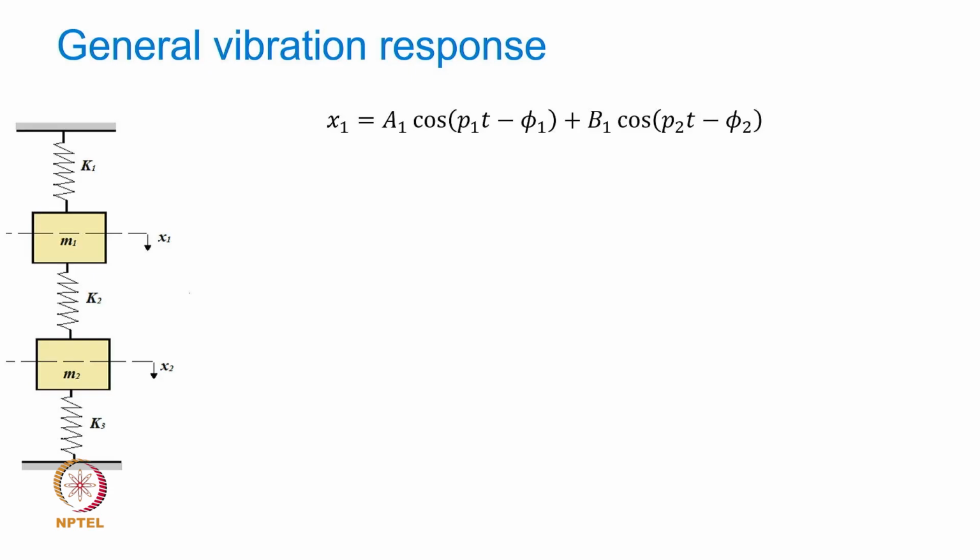So, we had this B1 cos(P2 t minus phi 2), and A1 and B1 are basically going to represent the strength of this contribution to the overall response.